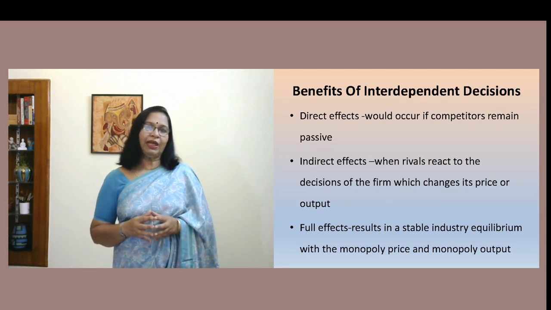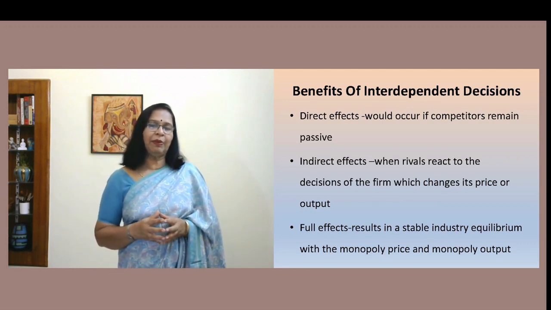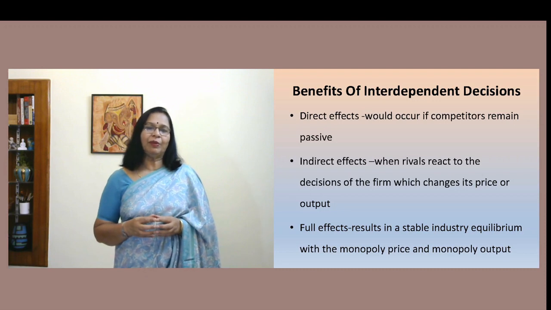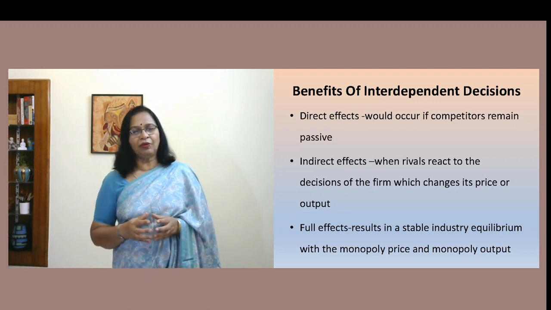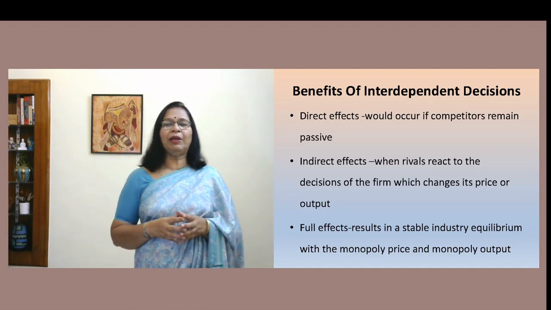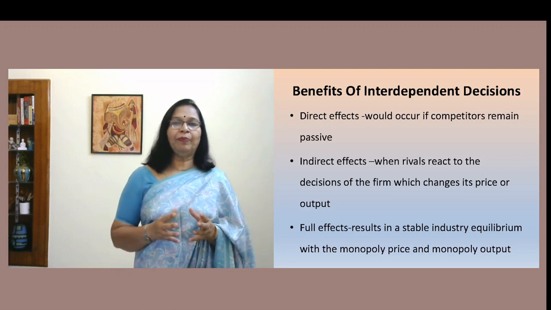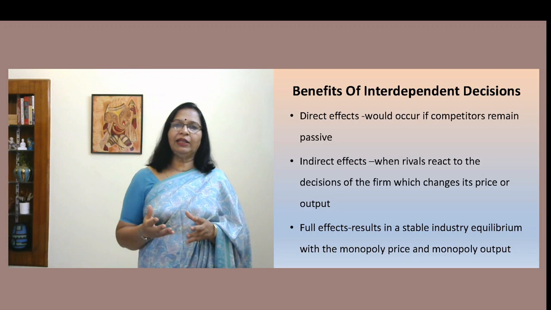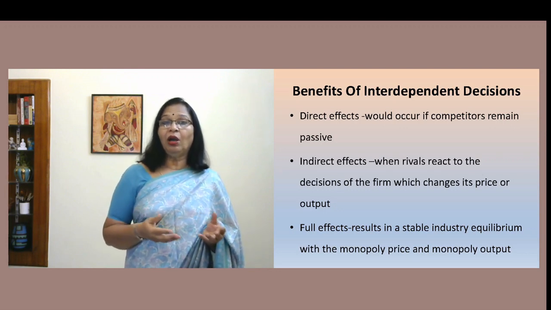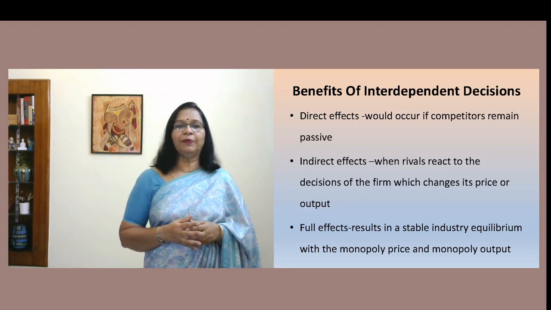So when firms take interdependent decisions, the participating firms have some benefit in terms of price, but they are passively participating, like the independent decision making under Cournot or Bertrand.